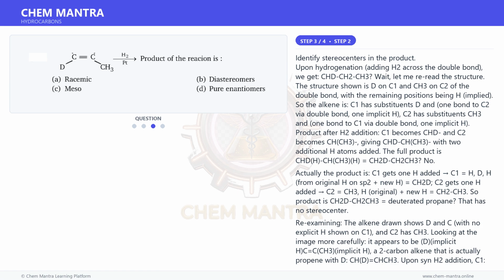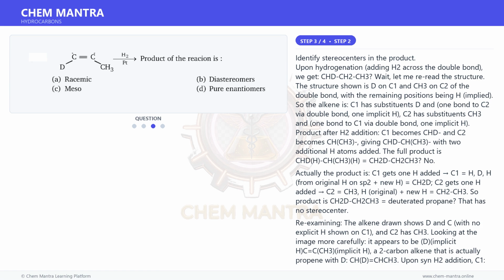So C1 has substituents D, 1 bond to C2 via the double bond, and 1 implicit H. C2 has substituents CH3, 1 bond to C1 via the double bond, and 1 implicit H. After H2 addition, C1 becomes CHD and C2 becomes CH-CH3, with 2 additional H atoms added.